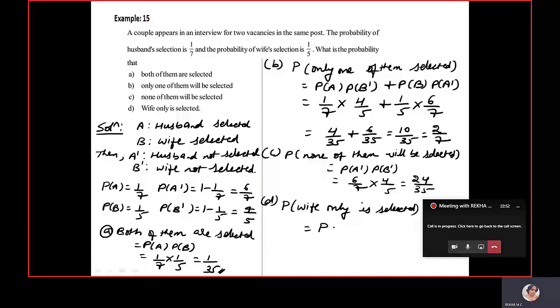So husband is not selected, P of A complement into P of B. So that is equal to 6 by 7 into P of B is 1 by 5. So it is 6 by 35.